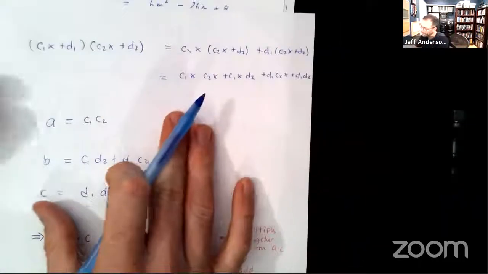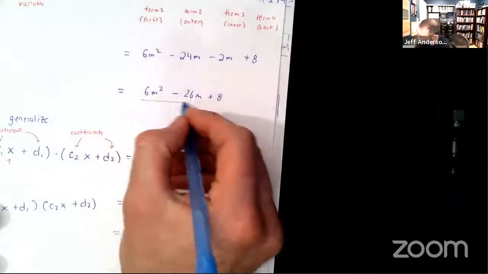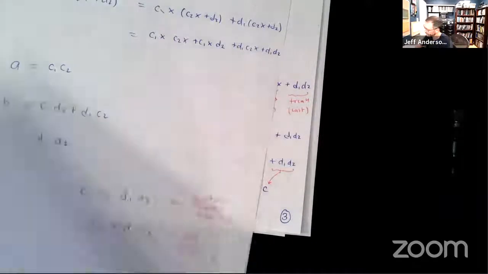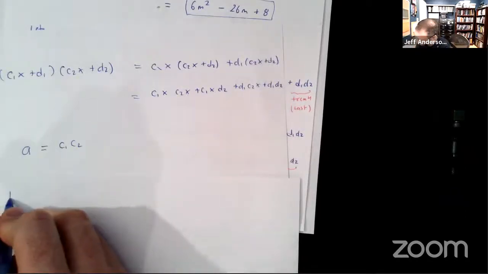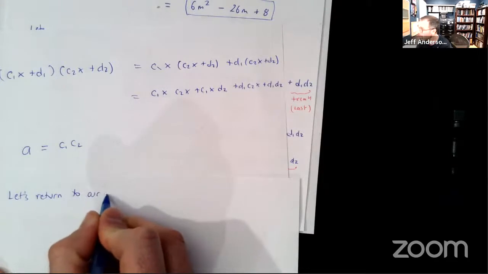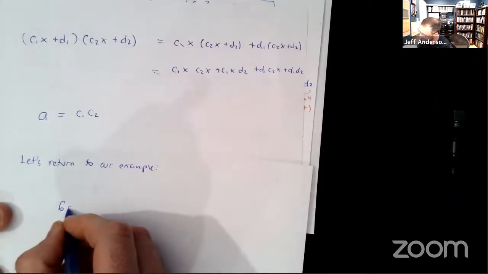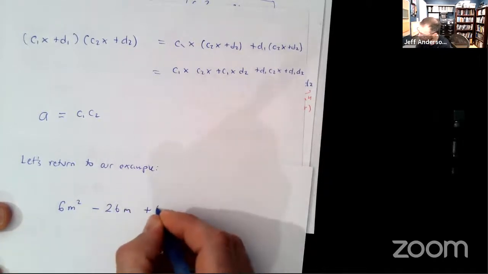So let's go back up here. This was a general approach, and then let's return to our example. Okay, so here we go. We had 6m squared minus 26m plus 8.